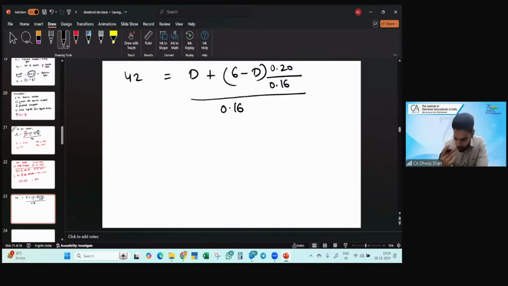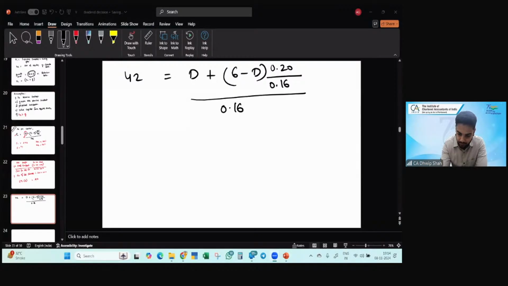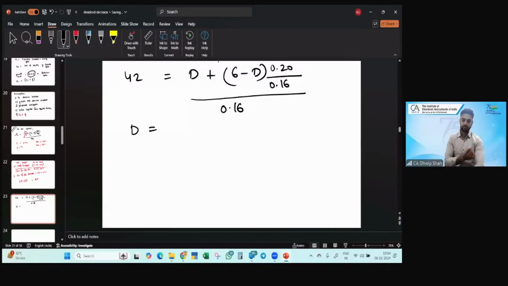Can you help me in calculating D using the concept of simultaneous equation? You all are mathematics experts. Using the equation concept, please help in calculating D.